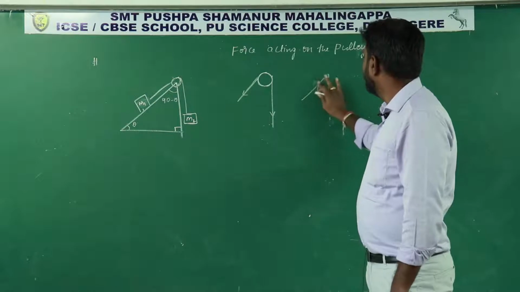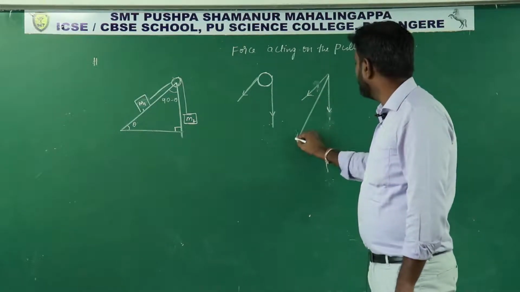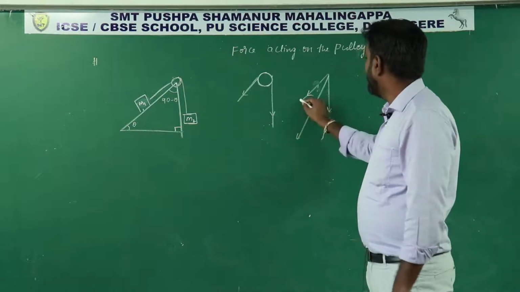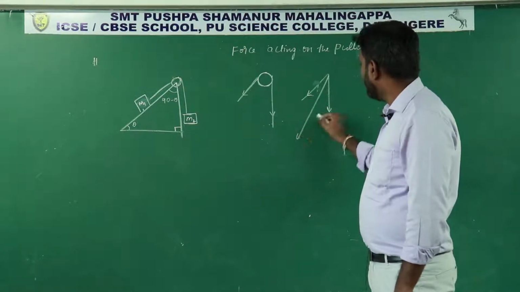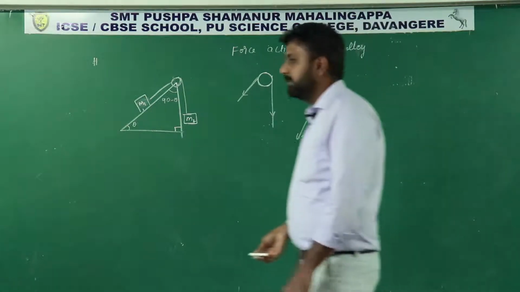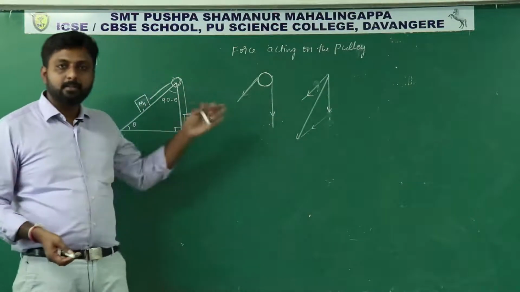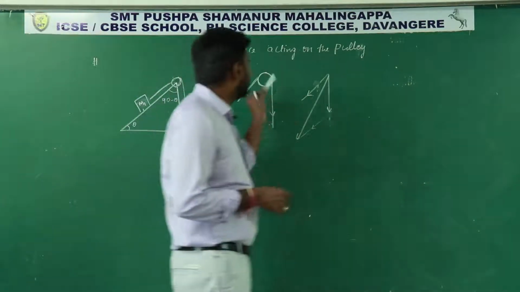Then the resultant of these two vectors is this one. Again, according to the law of parallelogram of vector addition, you can find the resultant force acting on the pulley.